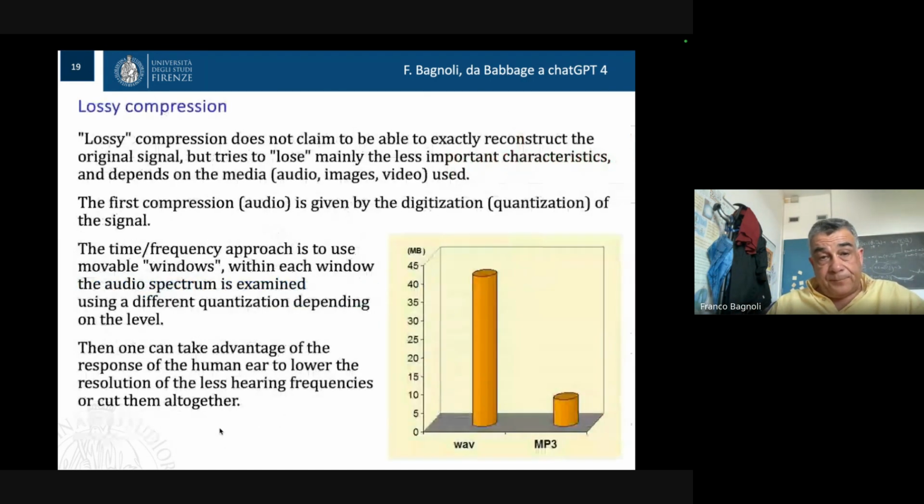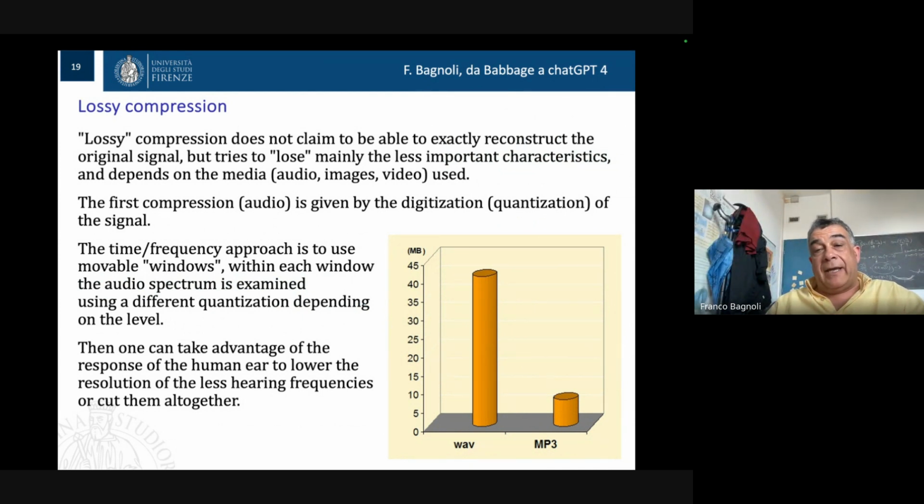And the idea is to try to separate the audio and video data into a portion which is fundamental, which cannot be deleted without losing everything, and the part that can essentially be thrown away without affecting the performance too much.